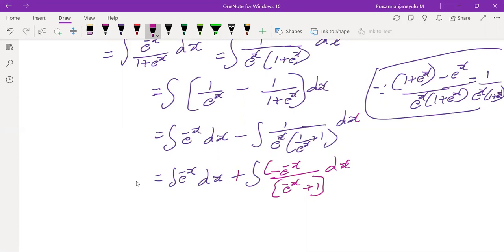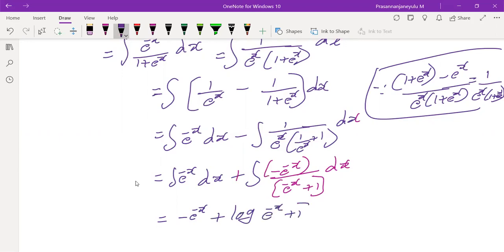So now it is in the form of integration of f dash by f formula. Yes or no? Check it out. Integration of f dash by f. Now with this we can conclude that the first term, integration of e power minus x, is minus e power minus x, plus log of e power minus x plus 1.